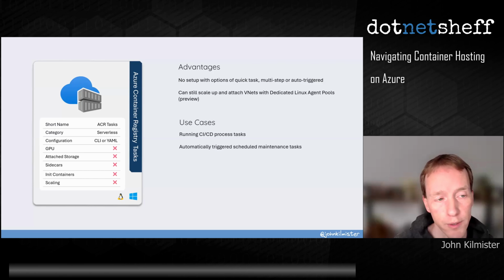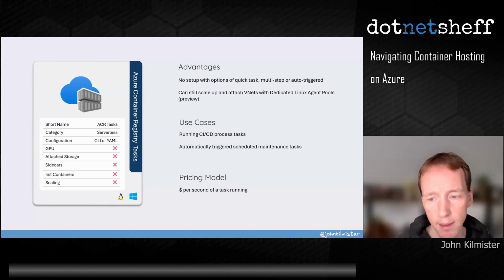But we can also use them to schedule maintenance tasks. So if you've got a maintenance task inside a container, you can just schedule that to run on a timer. And it's charged per second of that task running. And much like a CI/CD process, they run on these agent pools. There's one automatically provisioned for you, and you can also bring your own.